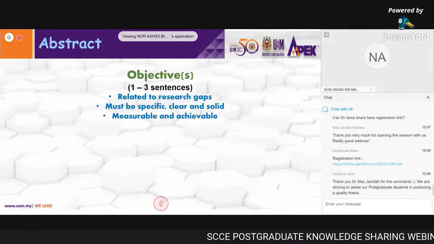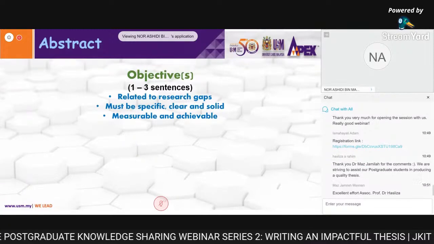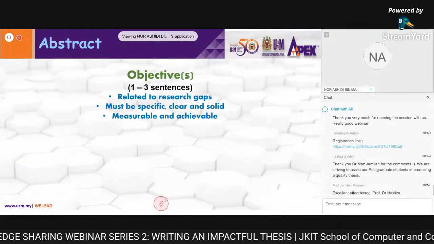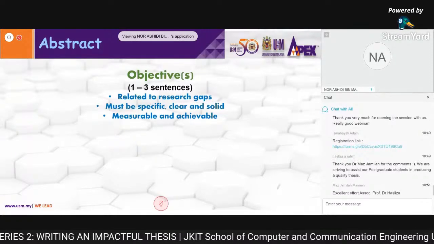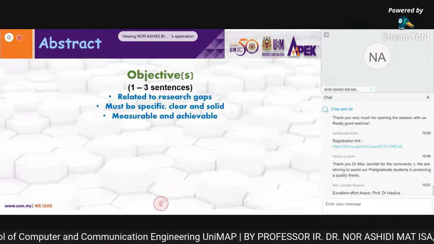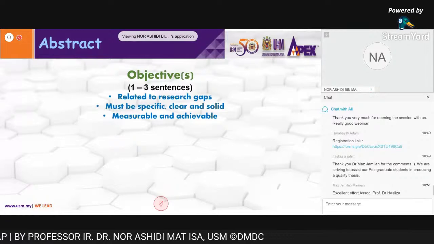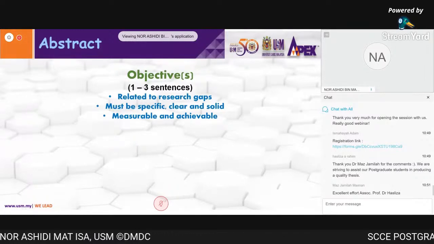So your second objective will be to introduce a new neural network based feature extraction to extract the shape and the size of the cervical cell nucleus.